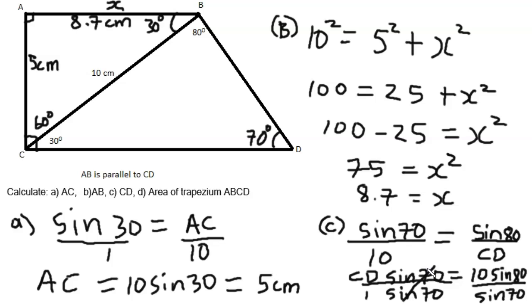On my calculator, 10 sine 80 divided by sine 70 is 10.5 to 1 decimal point. So CD here is 10.5 centimeters.